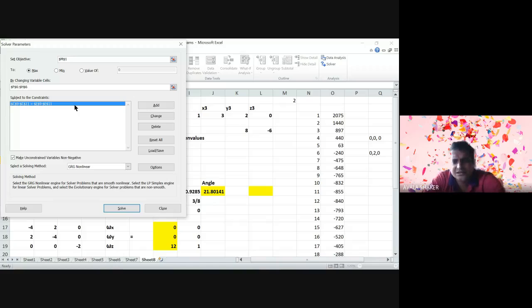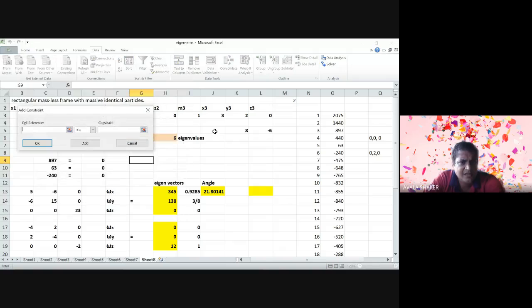Let me just delete this part. Now let's add a constraint. Okay, so what is the constraint? These values which are calculated, which are determinant minus lambda I. So these are your cell references. This should be equal to, in our case, the constraints. What are the constraints? That the right hand side is 0.